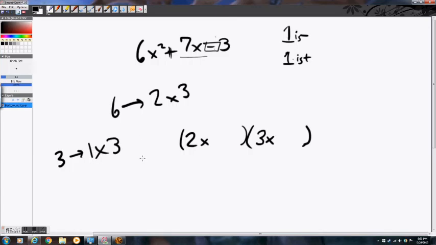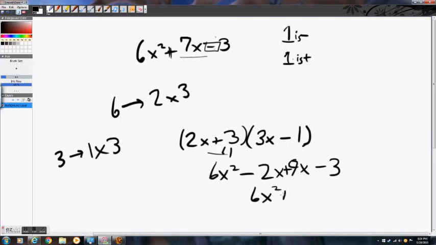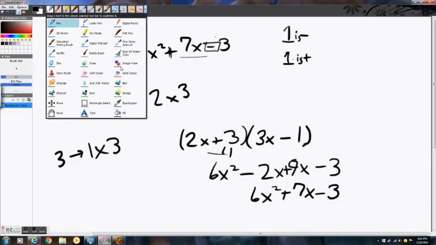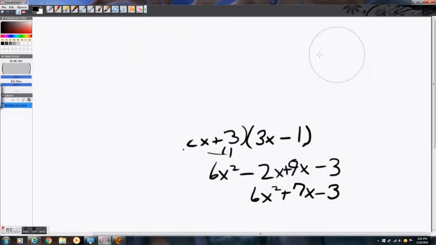One of them is going to be negative, and one of them is going to be positive. So we expect that the 3 be positive so that we can get this large positive number, and that it multiplies by 3. By that, it would go here, and this one would go here. And that works. We have 6x squared minus 2x plus 9x minus 3. So this method, more than the other, can sometimes be a little bit of guess and check work. You try numbers and plug them in.